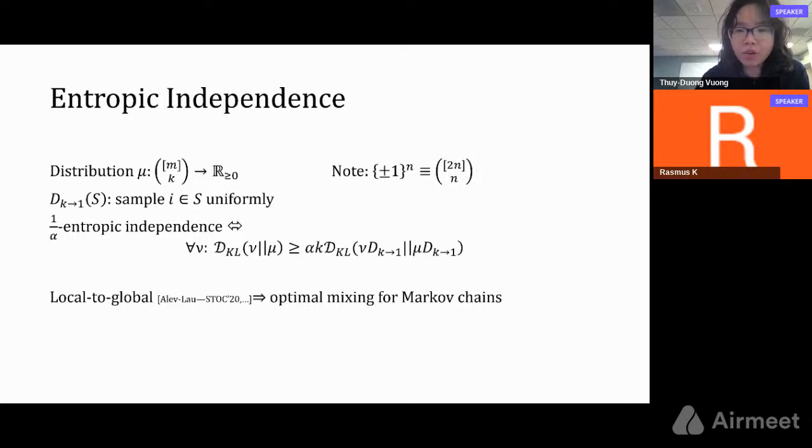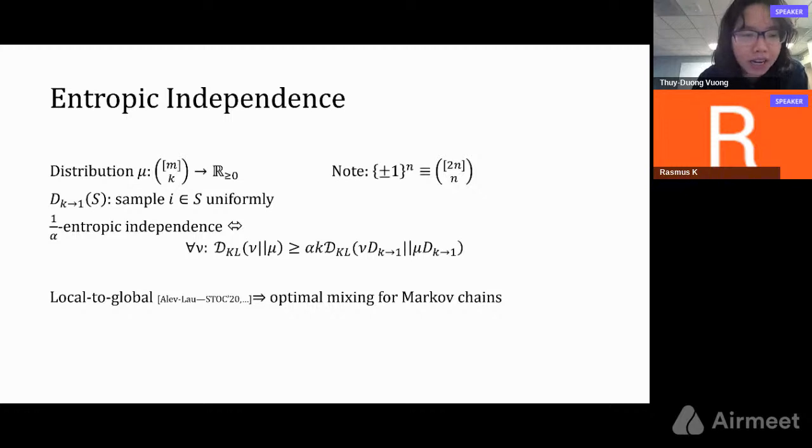The Ising model, which is a distribution over plus and minus spins raised to the power n, so n vertices each with either plus or minus spin, can be considered a distribution of this form too when you take m to be 2n, one plus and one minus for each atom, and then the configuration is a subset of size n. It's an equivalence, and this view of the distribution is just more convenient for our purpose.